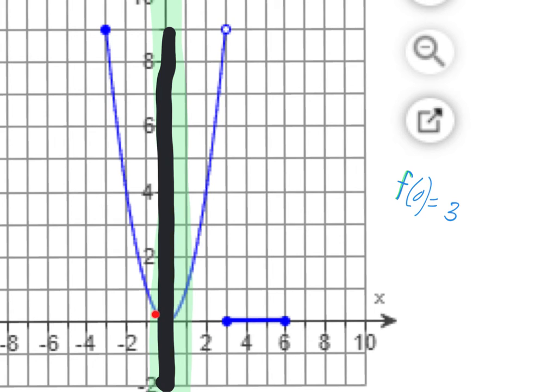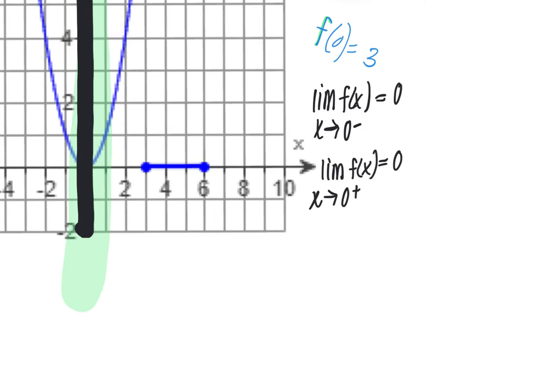It's a roundabout type thing. Okay, so the limit as x approaches the x value of 0 is 0, because from the left side it approaches 0, from the right side it approaches 0, and that two-side limit is 0 as well. Okay. And basically, to write down what I said, the limit of f of x as x approaches 0 from the left is 0.